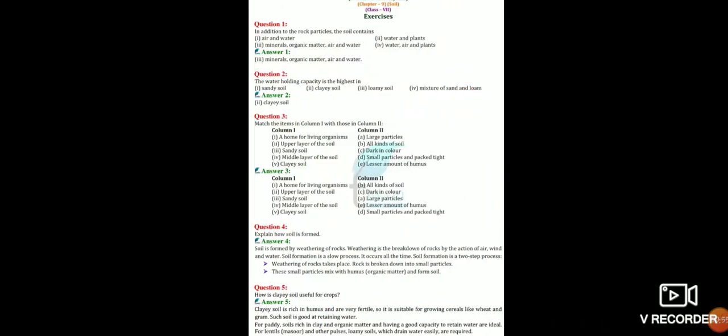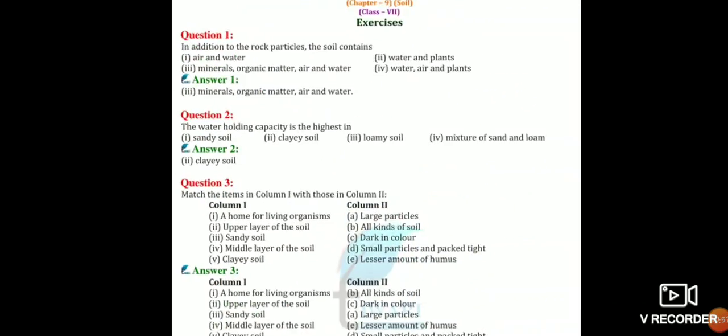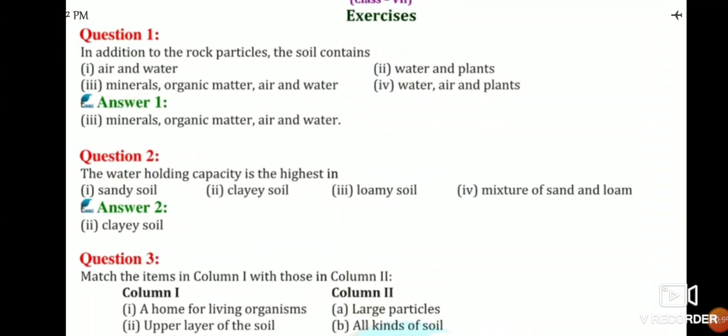Dear students, first, question number 1. In the chapter soil, in addition to the rock particles, the soil contains which one? Soils generally contain minerals, organic matter, air and water.